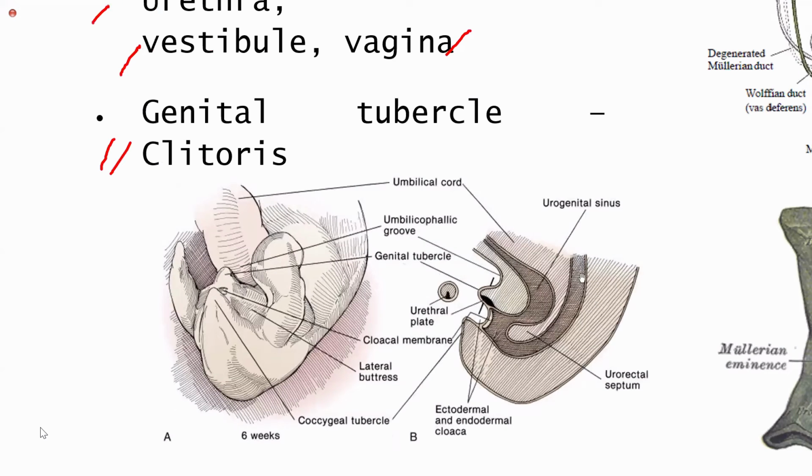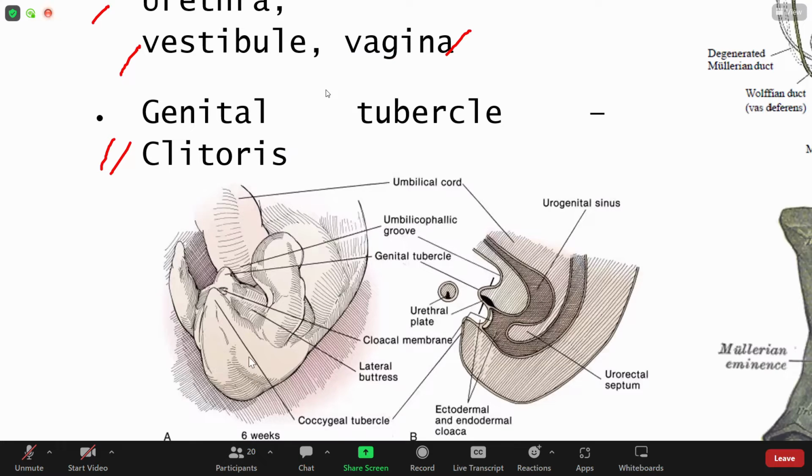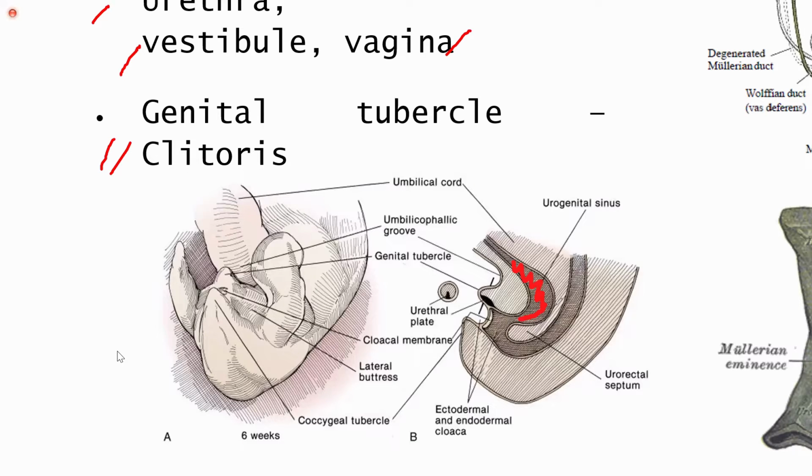Say we have here the urogenital sinus. Can you see this one? Can you see this? There, that opening becomes the urethra, the vestibule, and then the vagina. True enough, the vagina is an opening, right?